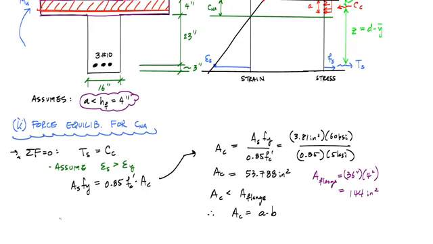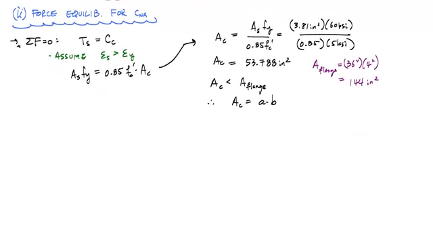So going over here to the left, and let me scroll down a little bit. This a is equal to A sub c divided by b, which is 53.788 inches squared divided by the flange width 36 inches, and that tells me a, the depth of the equivalent stress block, is 1.494 inches.